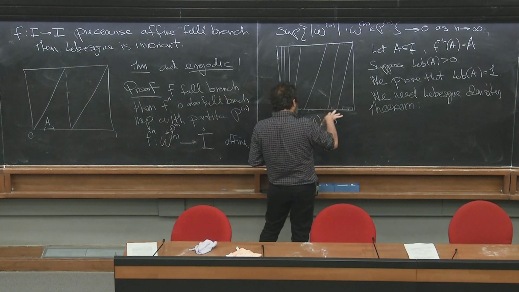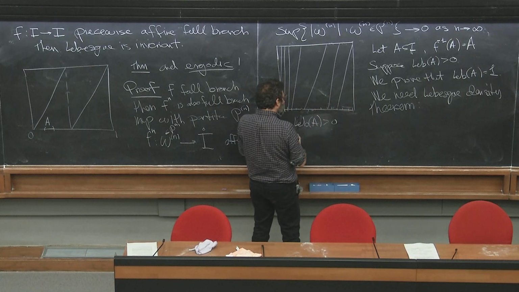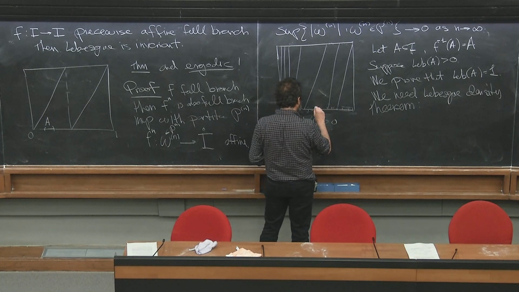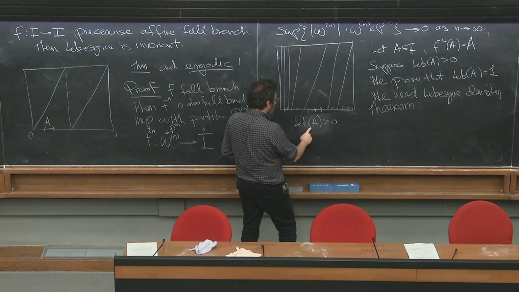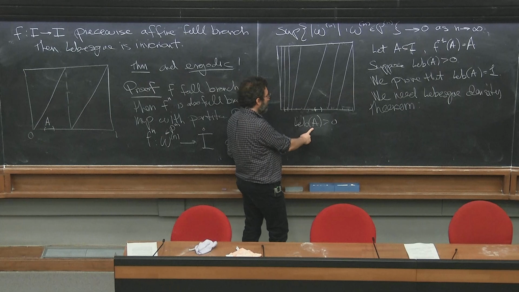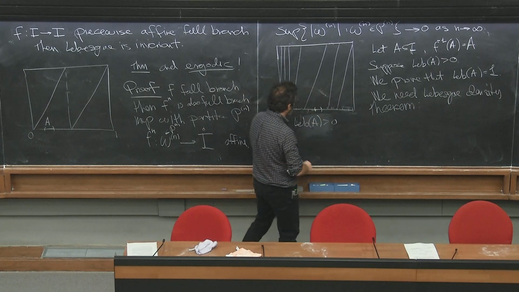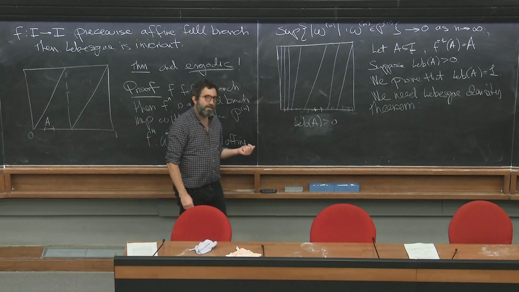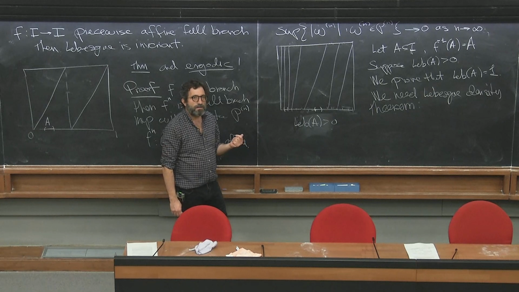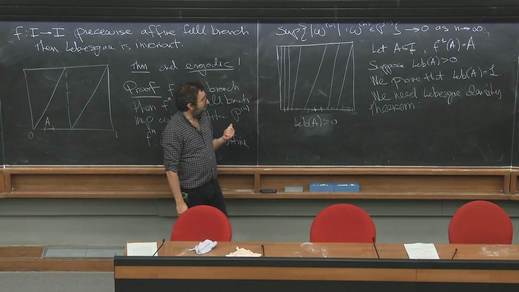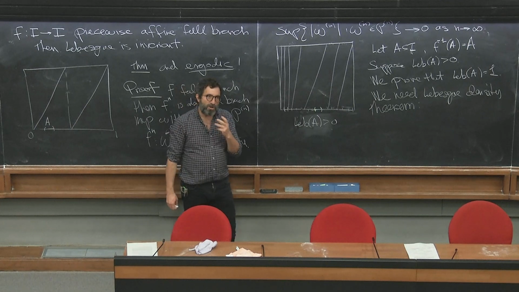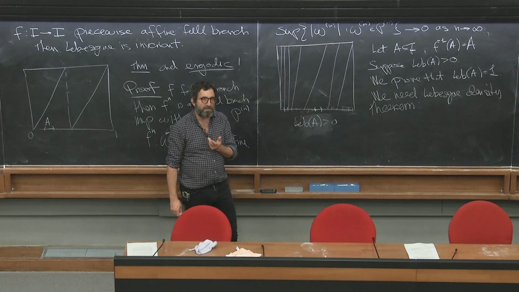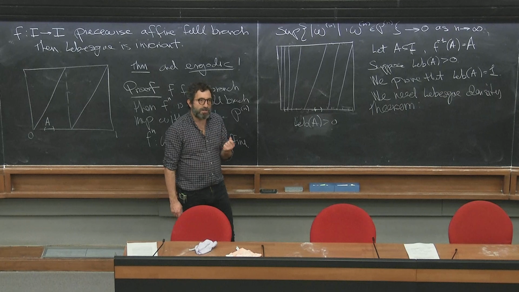Maybe I take an interval here, and half of the measure of this interval belongs to A. Is it possible that any interval I take, half of the measure belongs to A? The Lebesgue density theorem says that this is not how it works. If you go to very small scale, either you belong to A or you belong to the complement of A, basically, in measure.